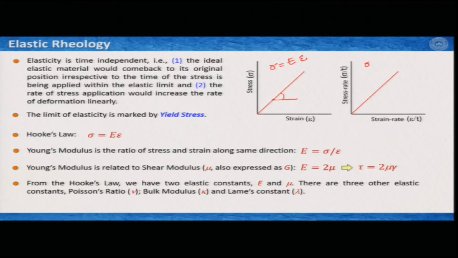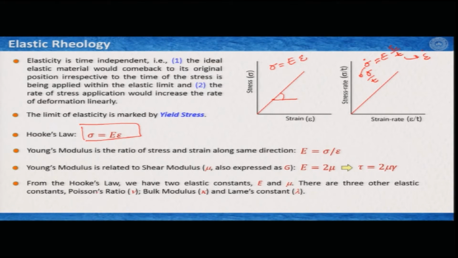So, we can write sigma dot, which is actually sigma by t, equal to Young's modulus times epsilon dot, epsilon by t. So, this is again Hooke's law.